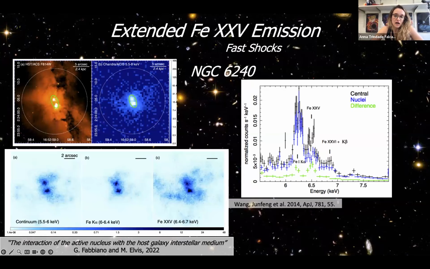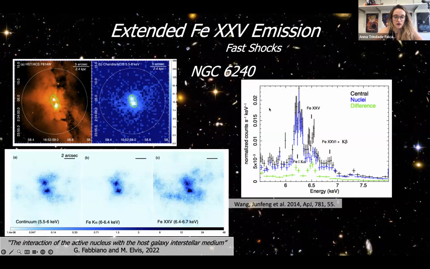So I don't know if I'm going to have time to discuss this, but just in a nutshell, before I move on to my results, one of the things that have also been found by Chandra in the narrow-line region of a few nearby Seyfert galaxies is extended iron 25 emission.